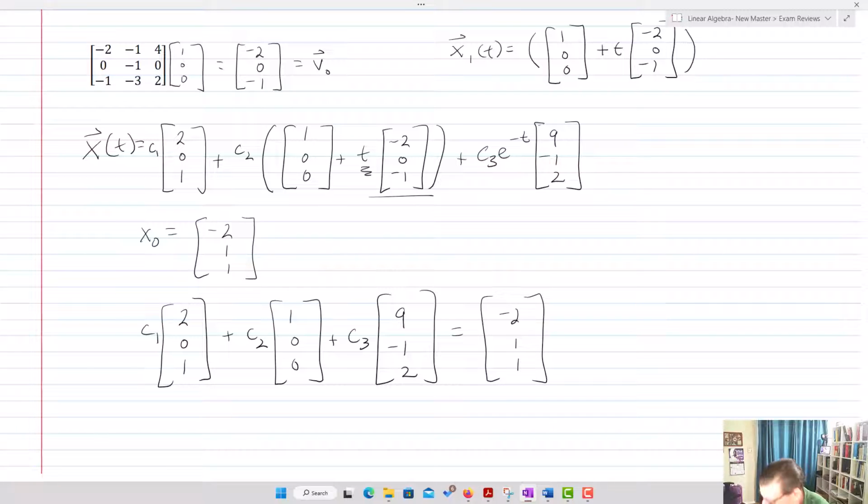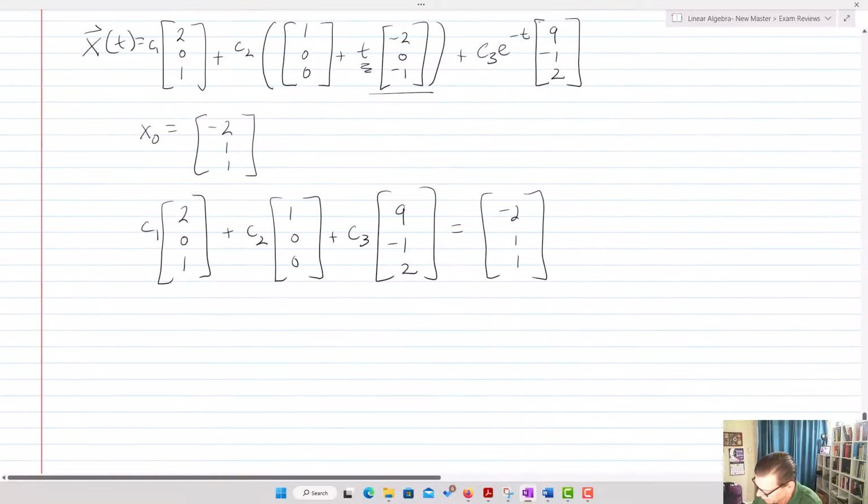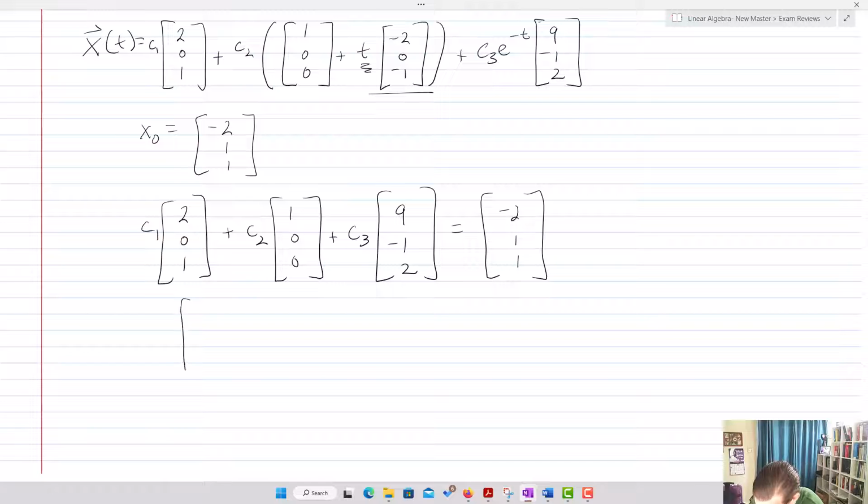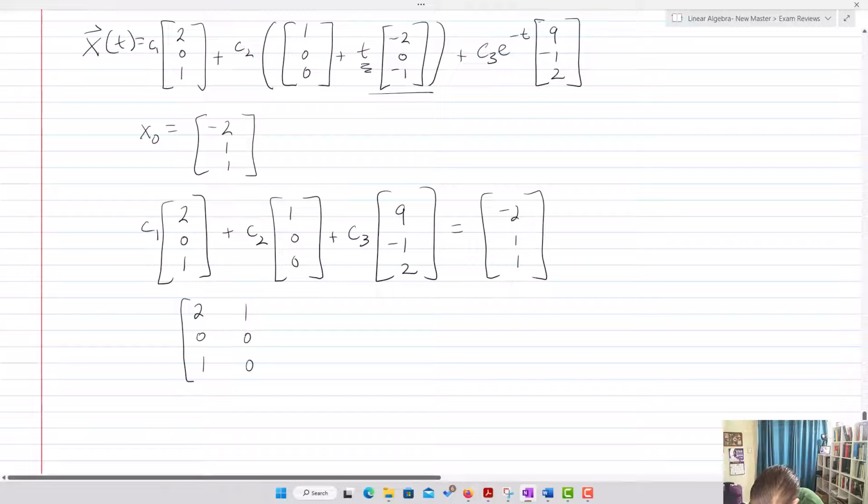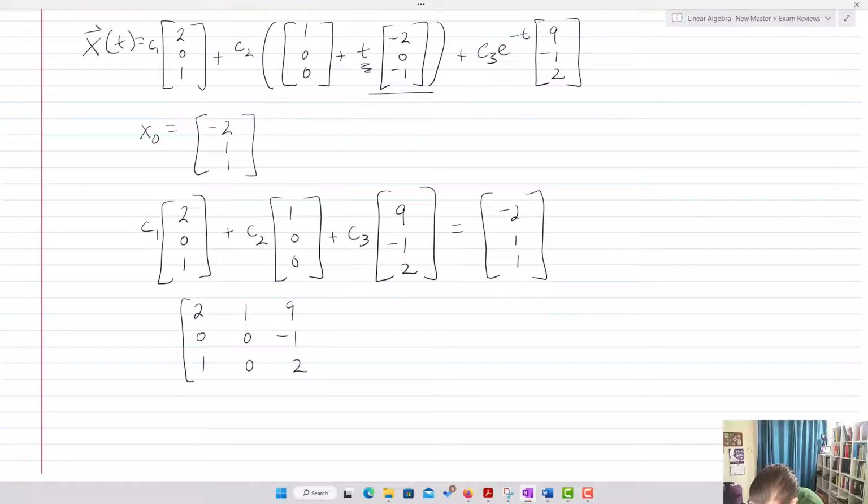Now, this is a linear combination, so we can utilize systems in order to solve for C1, C2, and C3. We generate an augmented matrix: 2, 0, 1, 1, 0, 0, 9, negative 1, 2, augmented with negative 2, 1, 1.